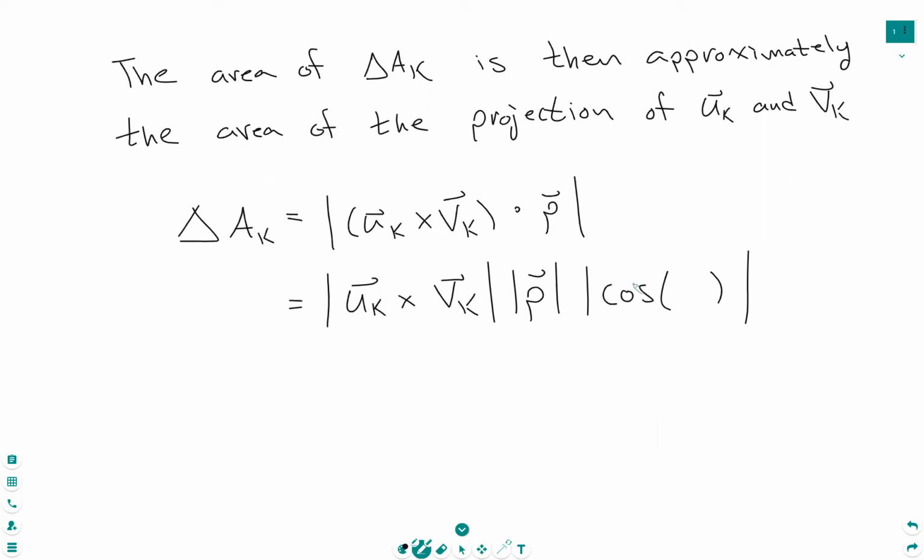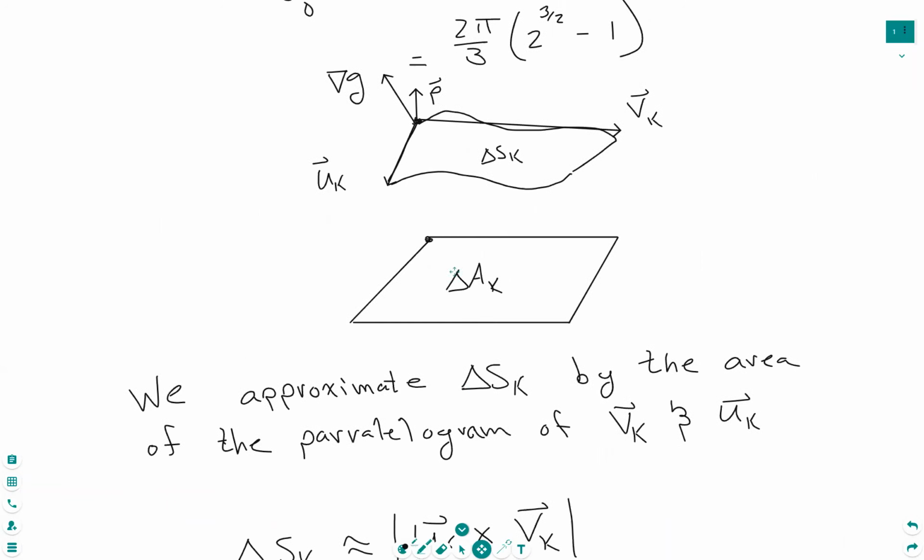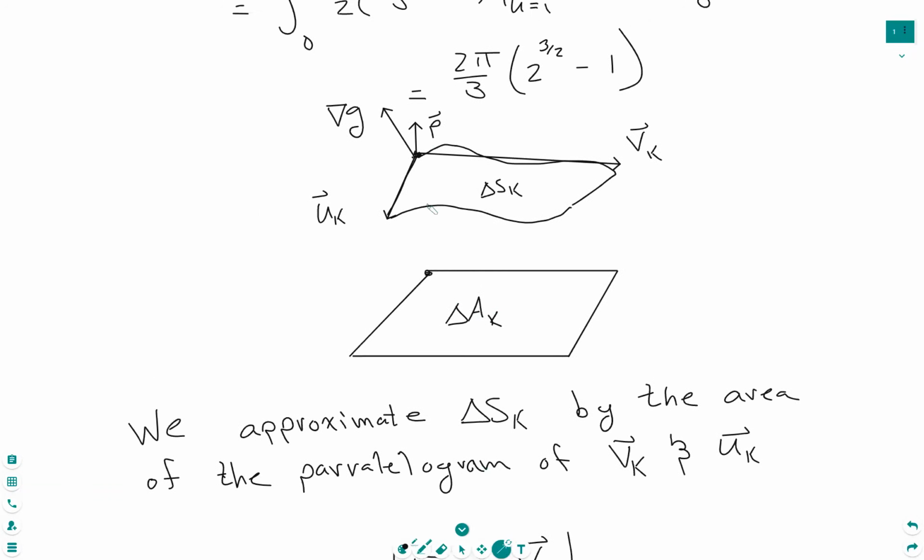So the angle between these two vectors, because remember, this is just using dot product rules here. We have the magnitude of the first thing times the magnitude of the second thing times the cosine of the angle between those. So UK cross VK will have some vector that just pops off here. And we need to find out the angle between these two things.